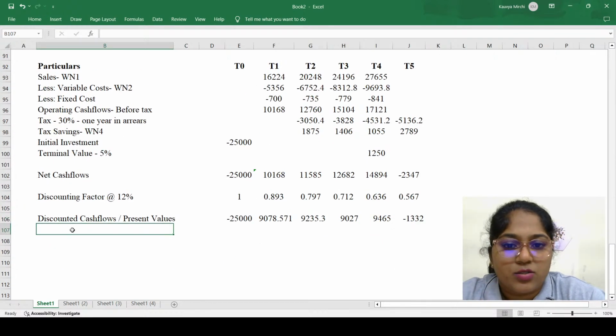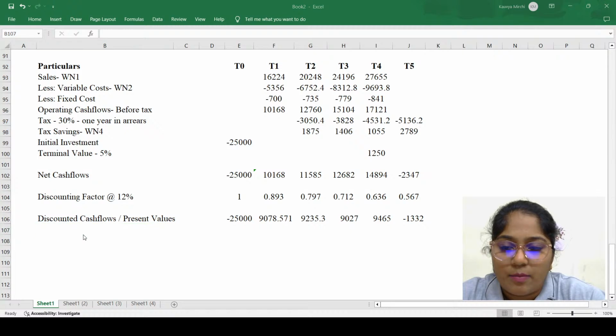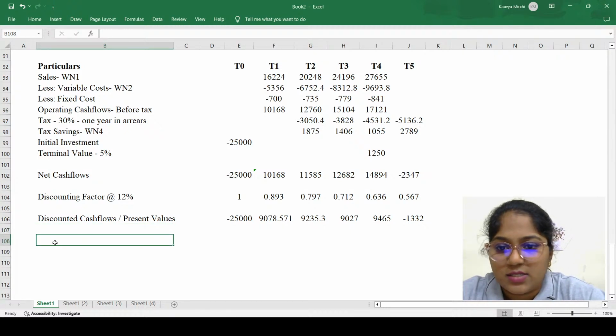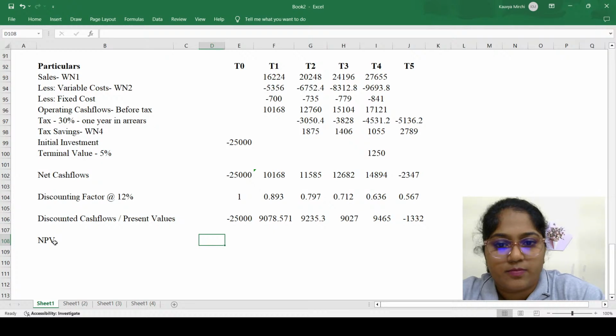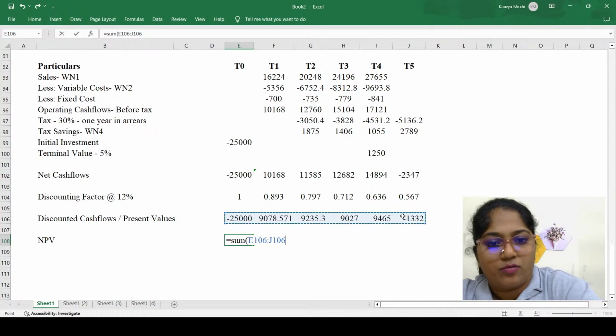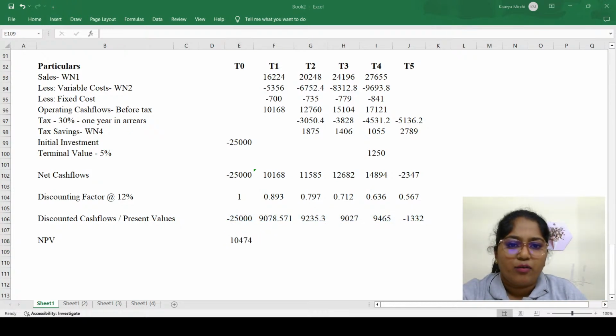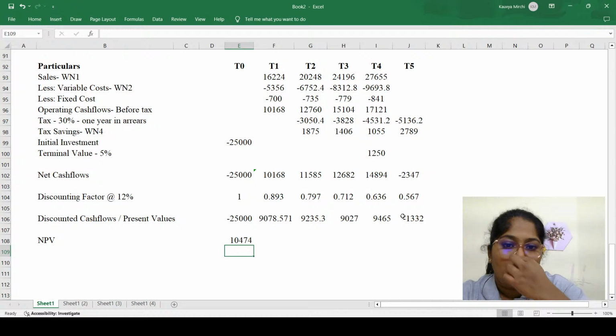Yeah. So once you round it off, we can go ahead and find out what? My present value, NPV. What is my NPV? Sum of all of this. My NPV would be the whole value of 10,474.